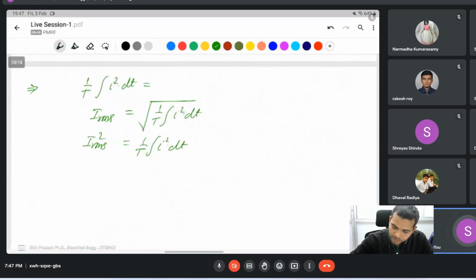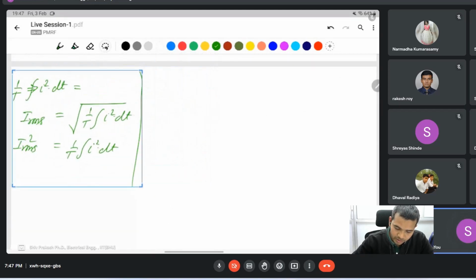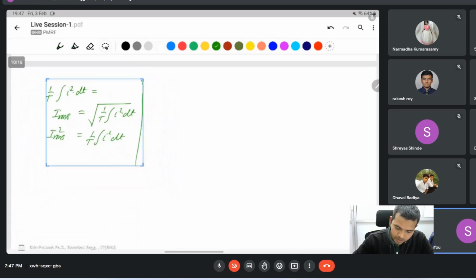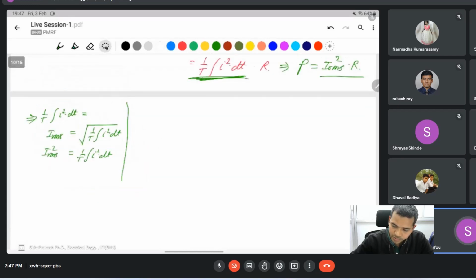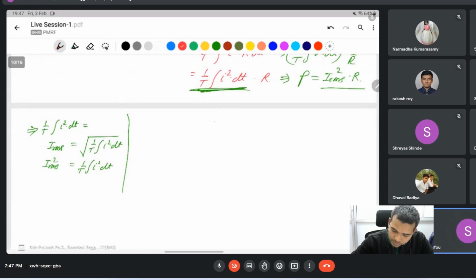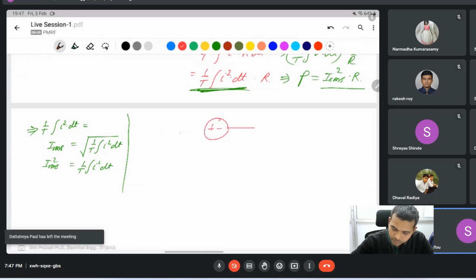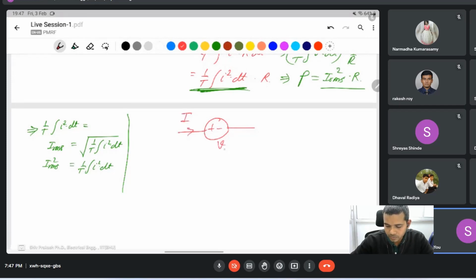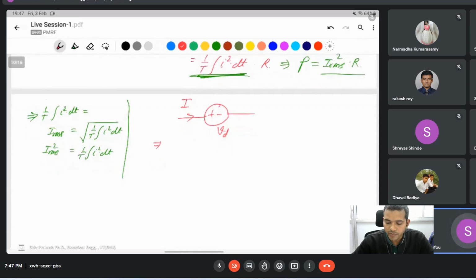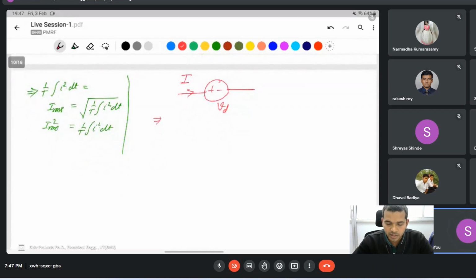Same thing here. What happens if you have a voltage only, a voltage source, like a VD or some other voltage? If you have a current of any waveform, it can be sinusoidal, square wave, or triangular, anything.